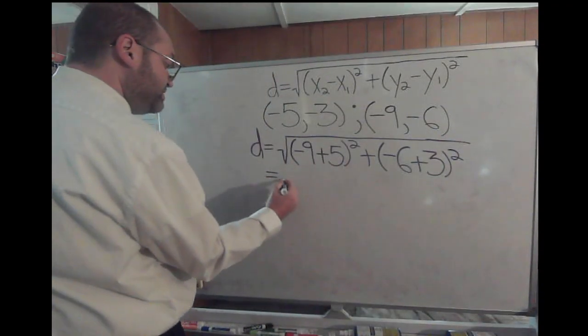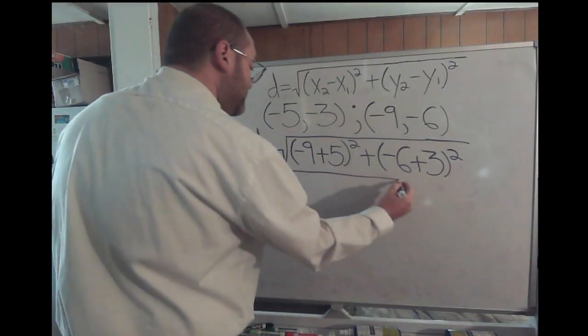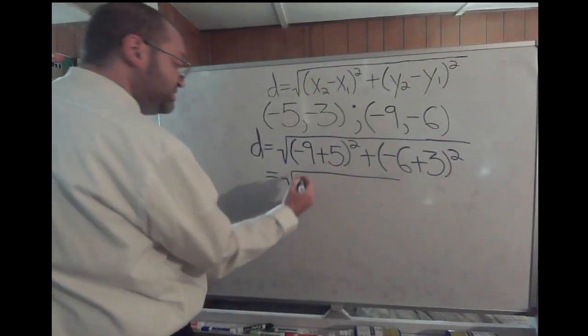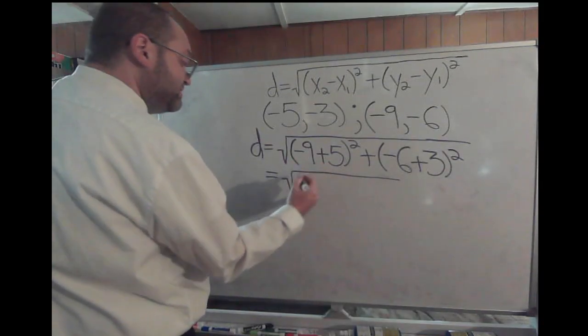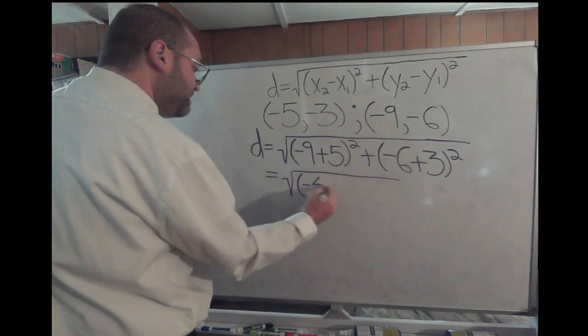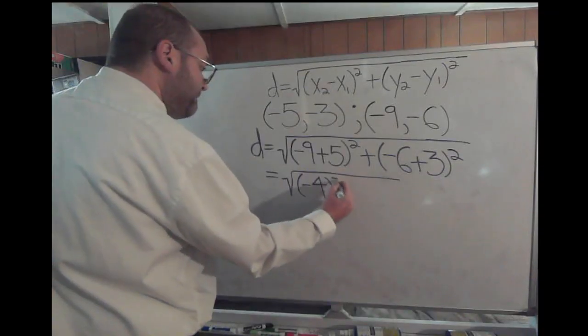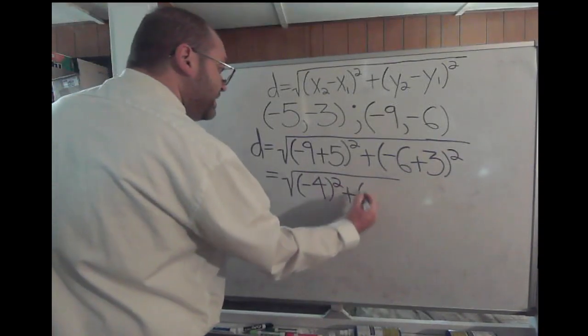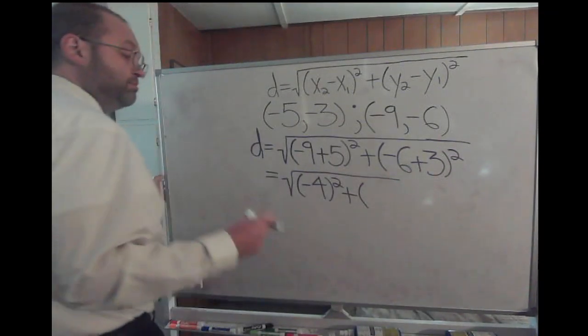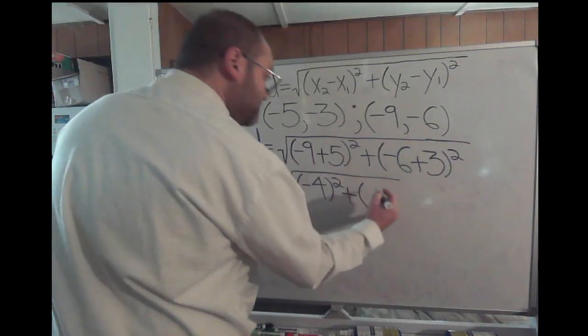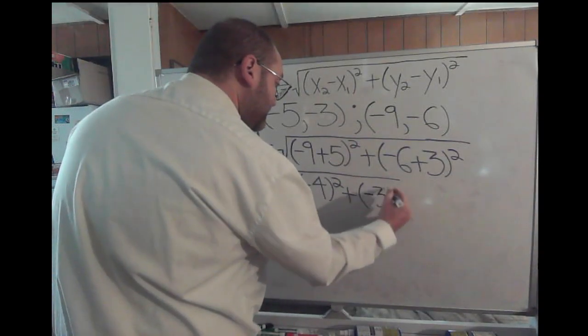So then we'll just deal with the parentheses inside of the square root. -9 plus 5, that's -4 to the second power. Plus then we have -6 plus 3 to the second power. That's going to end up being -3 to the second power.